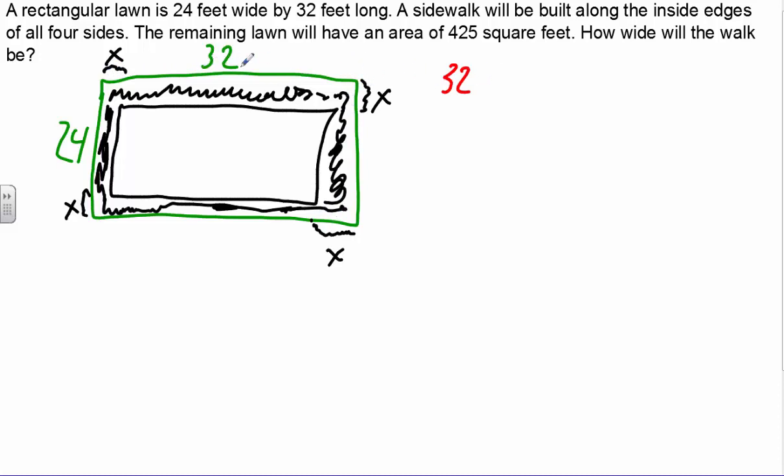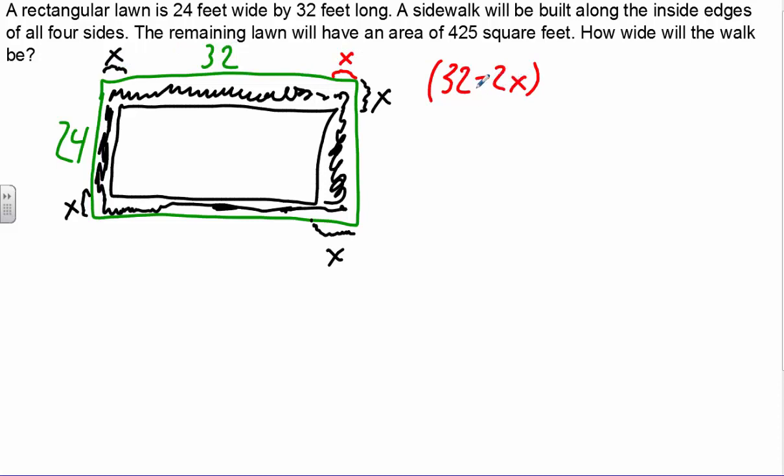So it used to be a length of 32, this part, but we took an x chunk here, an x chunk there, so we're going to subtract 2x. That is probably the hardest thing that kids don't really understand, is that they subtract this 1x, but they don't realize that there's another chunk right here being taken off that's also an x. Okay, so it's 32 minus x minus another x, so 32 minus 2x.